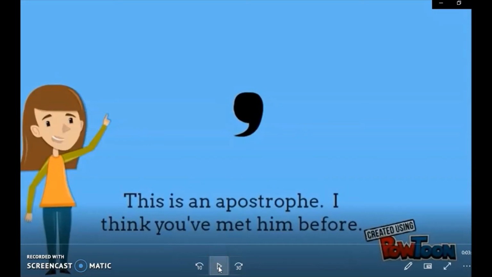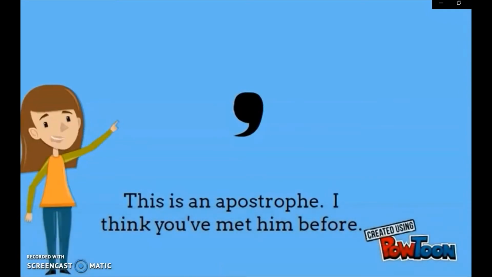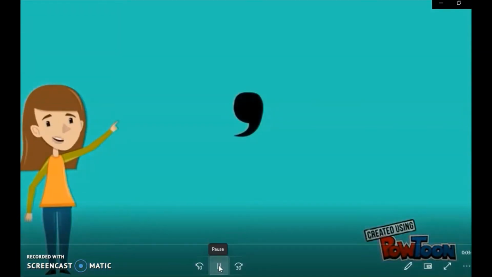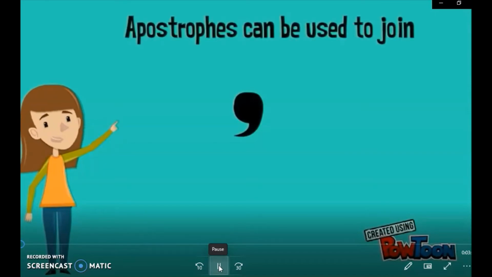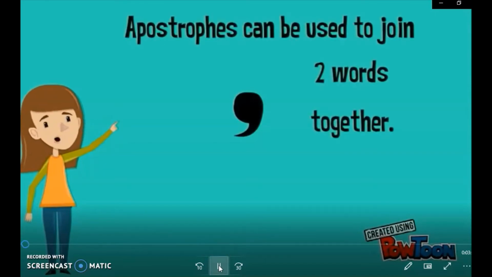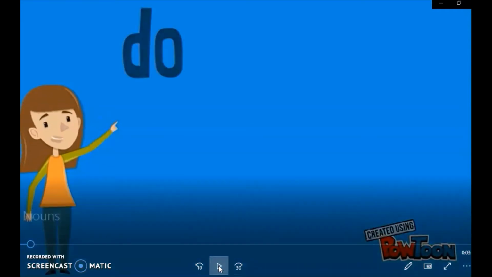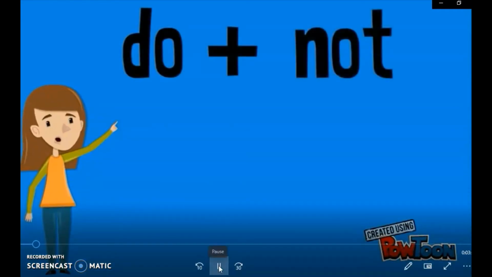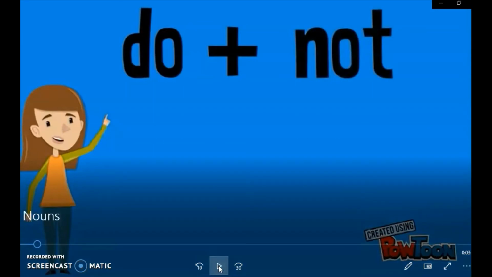It has multiple ways, but one of the ways is that you can use it to join words together. So let's take a look at some examples here. So apostrophes can be used to join two words together, and I have two short examples. The word do and the word not. To join these words together, we will use the D-O-N, and we'll use our little friend apostrophe, and then we'll add the T there.